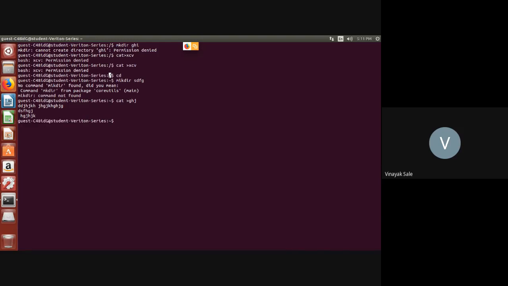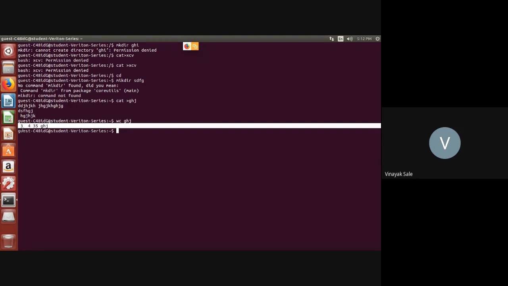Then I want to check how many words, how many lines, how many characters are in that file. There is a command wc, w for word, c for count, or word character count in a particular file. So write wc, space, then the name of the file ghj, then it shows the number of lines, number of words and number of characters in file ghj.